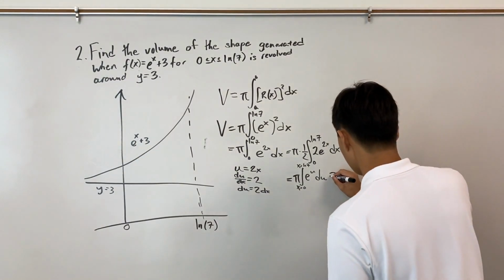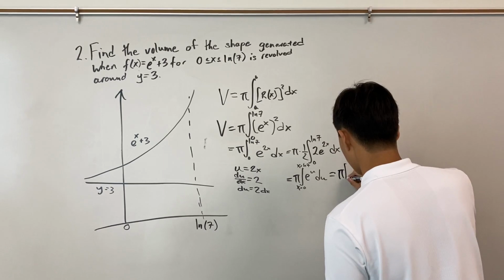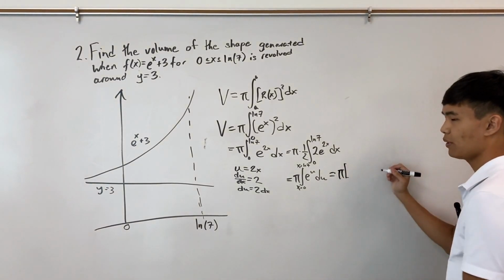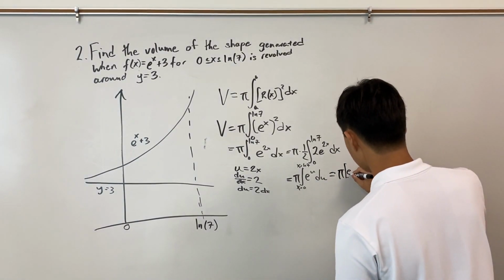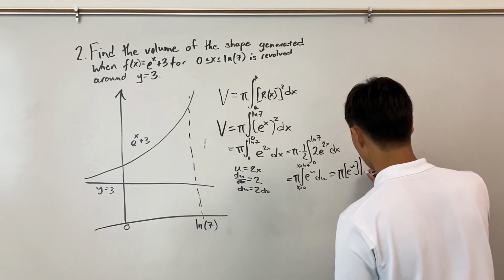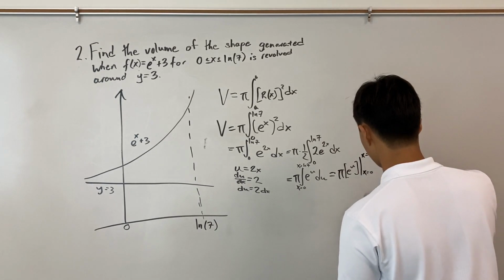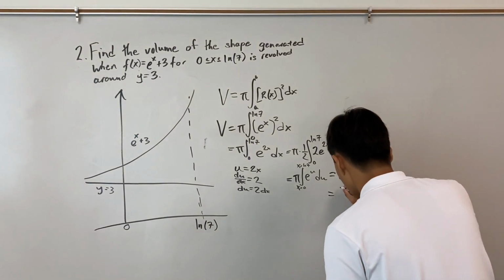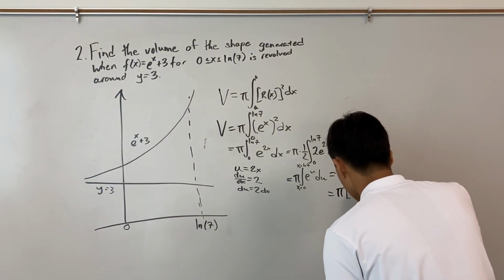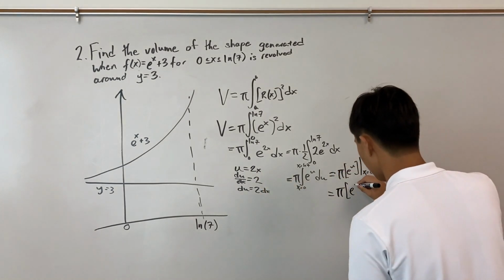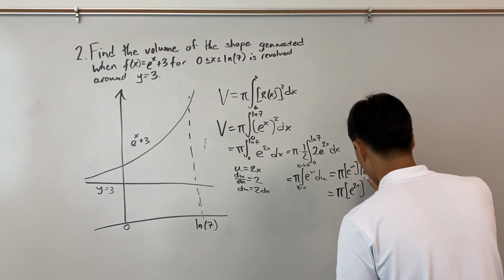So the integral of e to the u is e to the u. So e to the u evaluated from x equals 0 to x equals ln 7, which is pi times 1/2 e to the 2x evaluated from 0 to ln 7.